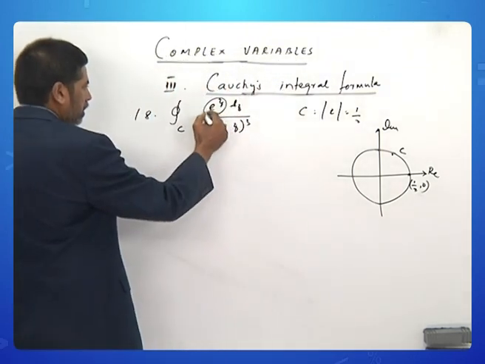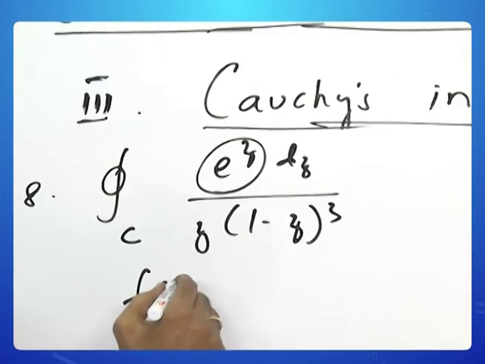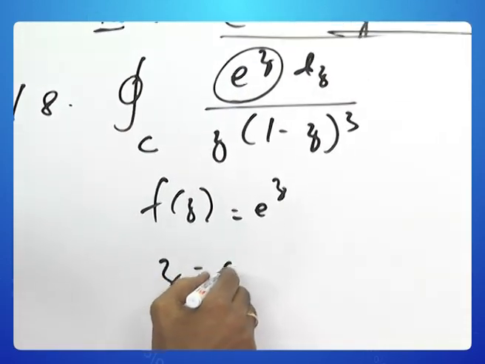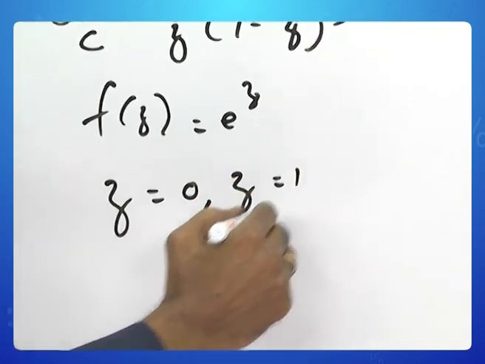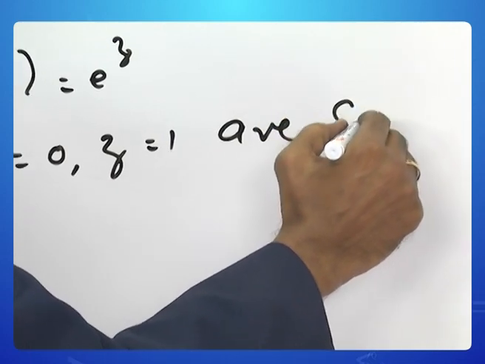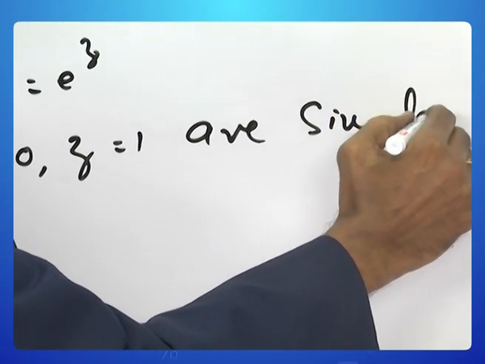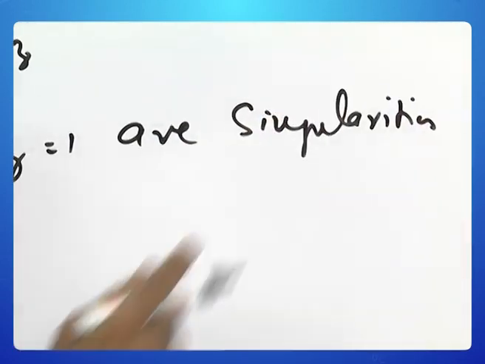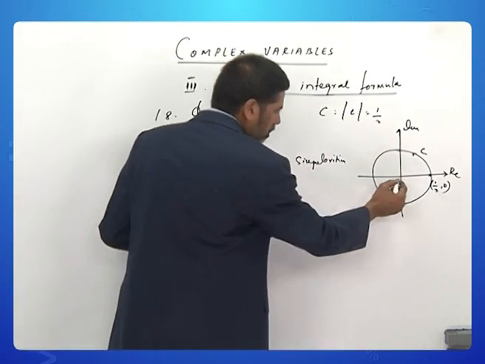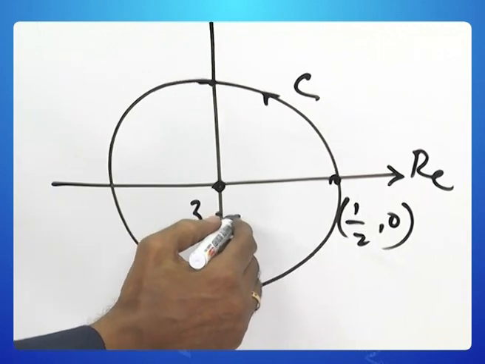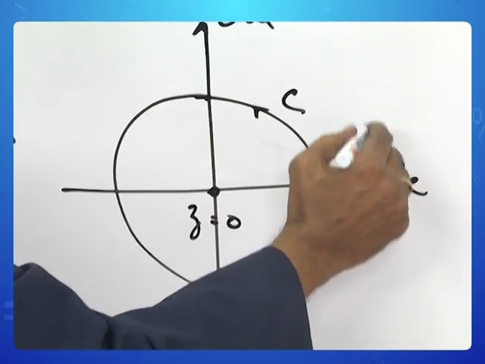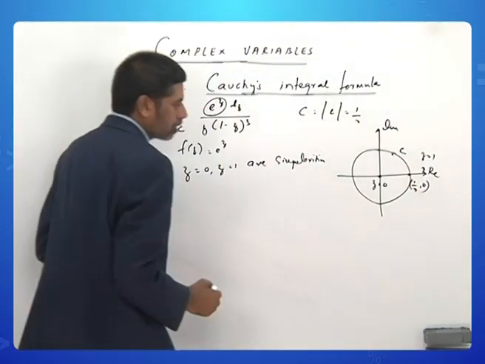Let us take the numerator as f of z. You have two singularities, z is equal to 0, z is equal to 1. But you will find z is equal to 0 is inside the contour, but z is equal to 1 is outside the contour.